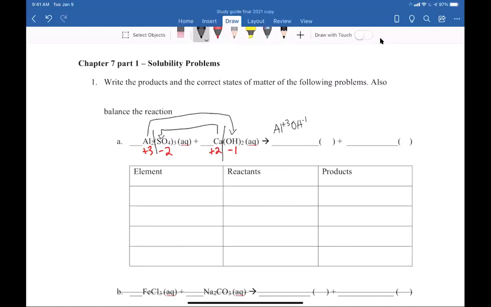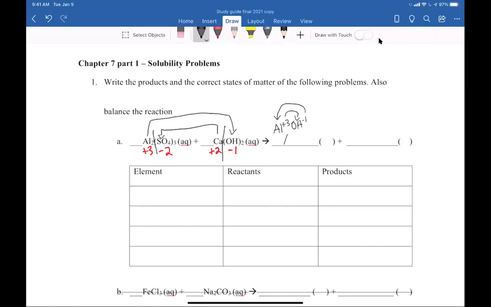Switch them. What do you mean, switch? Switch what? Somebody said switch them, but switch what? The charges, yeah. So we can switch the charges. We can switch where 3 goes with OH and 1 goes with Al.